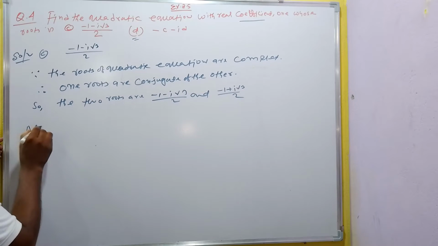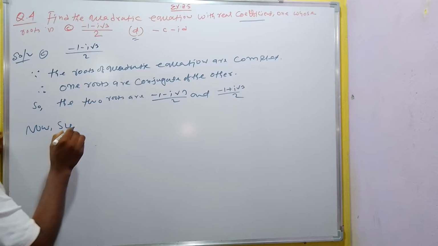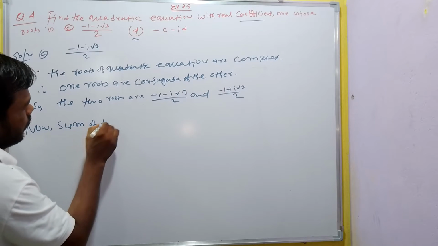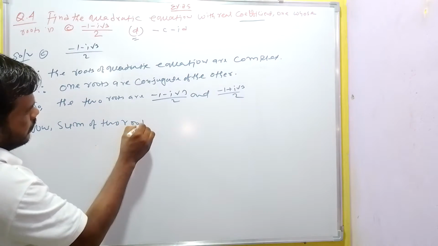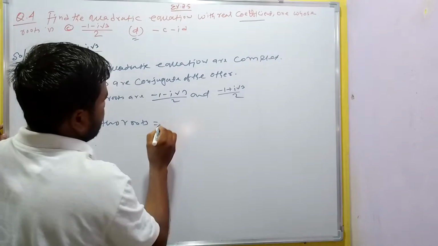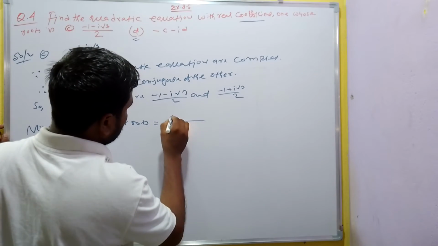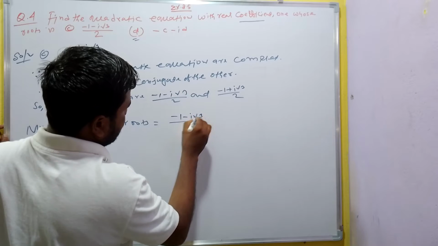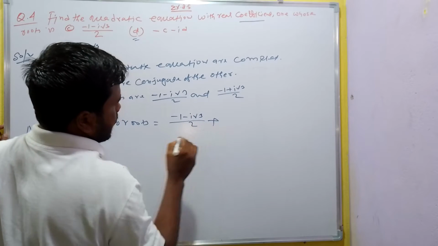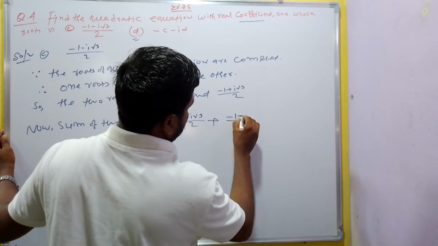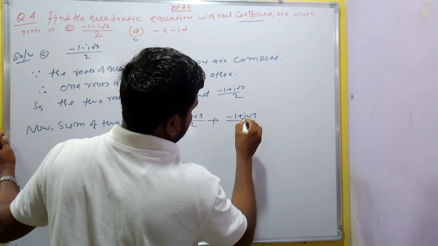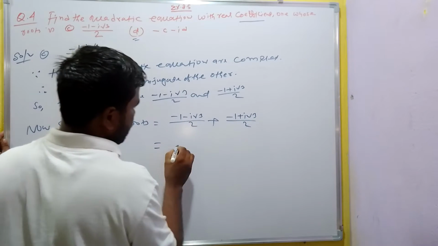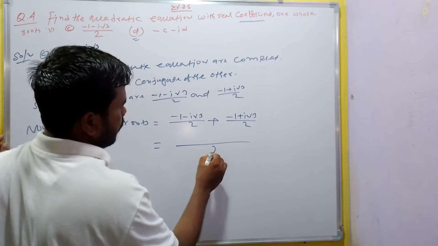Now, the sum of the two roots equals (-1 - i√3)/2 + (-1 + i√3)/2. Take the LCM 2.